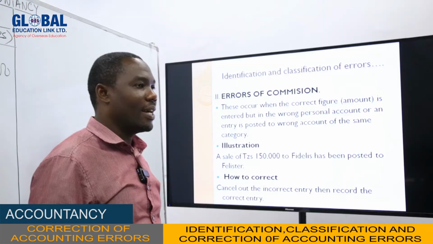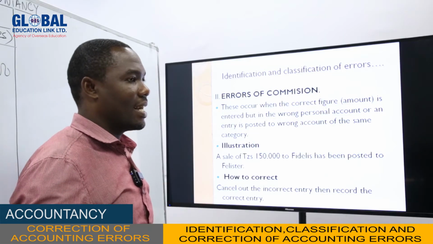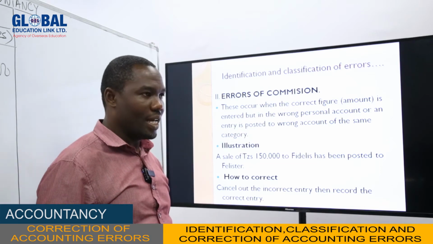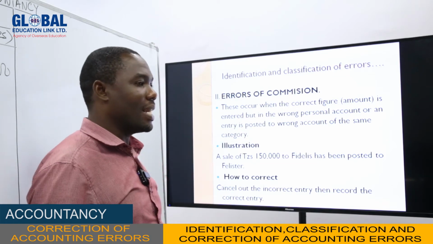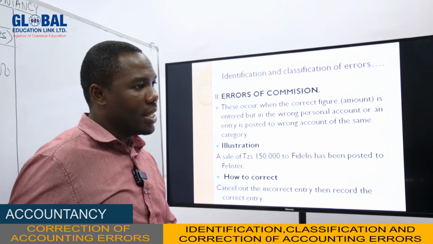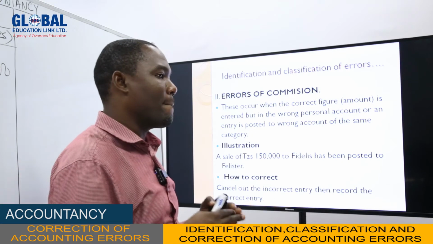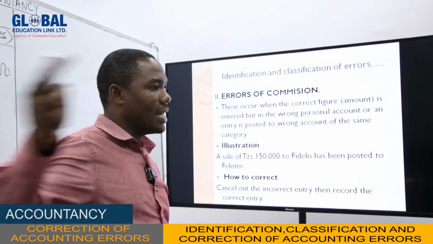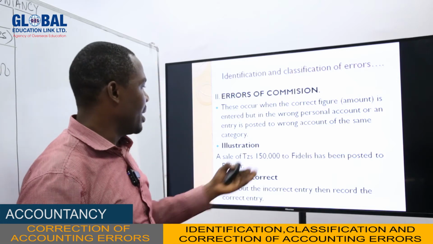Automatically, you observe the double entry. So the sales will be entered correctly, but in the individual customers' accounts you will have overstated the entry in customer B, and you have not recorded this entry to customer A, who was the real customer. So the error is with customer A and customer B. The correction will involve the 2 accounts, but in the sales account there will be no error.